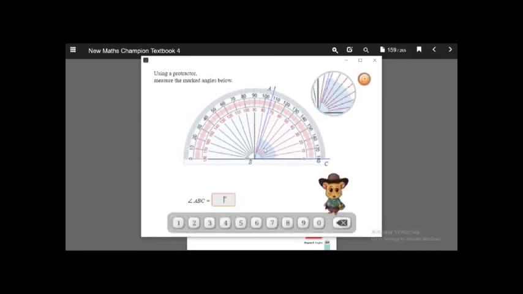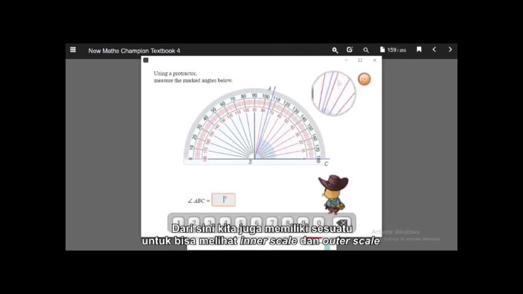Wow, this is very interesting. And also we have something that allows us to see the angle closer, so that we can choose which scale to use to find this angle.